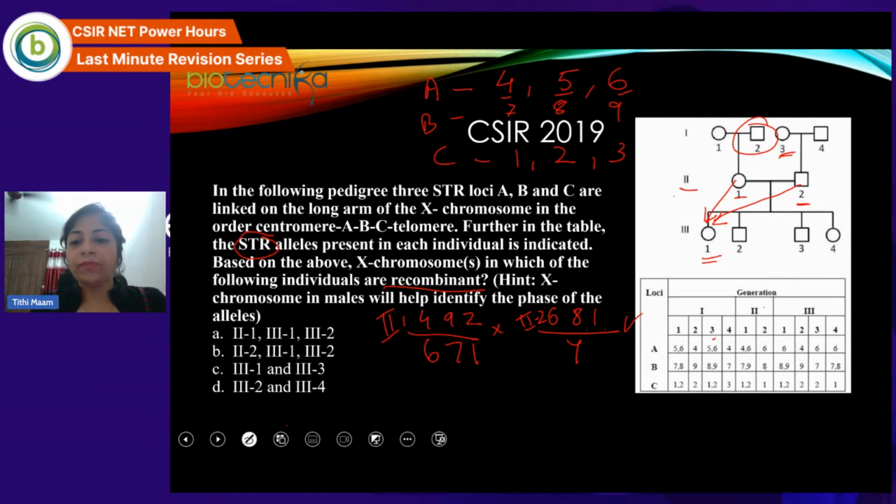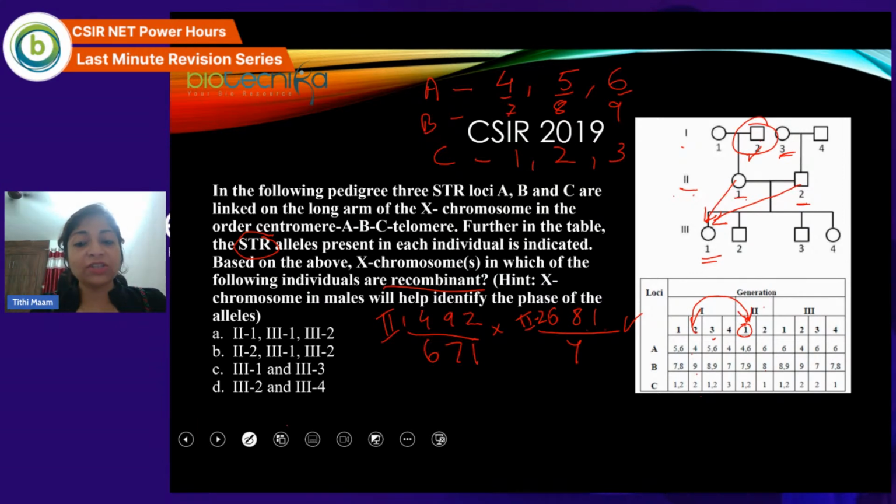So for 2-1, who is 2-1's father? 2-1's father is 1-2. So check 1-2. This is 1-2. What alleles are present for A, B, C in 1-2? It is 4-9-2. That means this is the X chromosome this daughter is receiving from her father, so it will come in the same format.